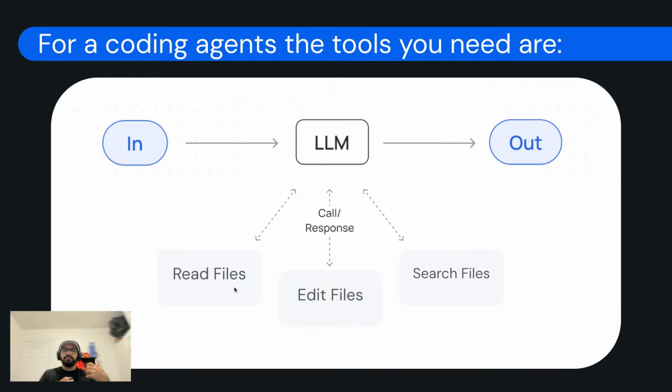Right? So if the tools we give it access to and how we train it is relevant for coding, if we train it to be good at coding, or if we give it access to software engineering tools that allow it to read a file, edit a file, search within a file, then this framework will turn into a coding agent.